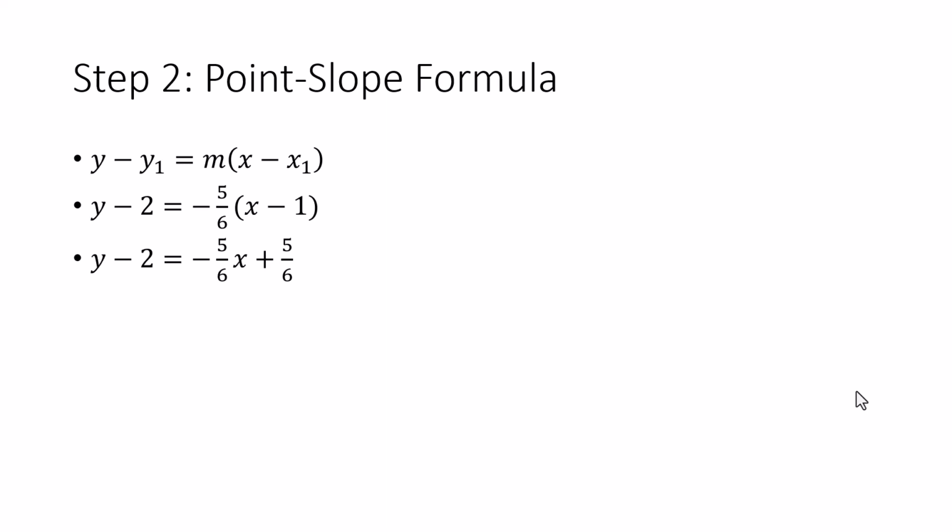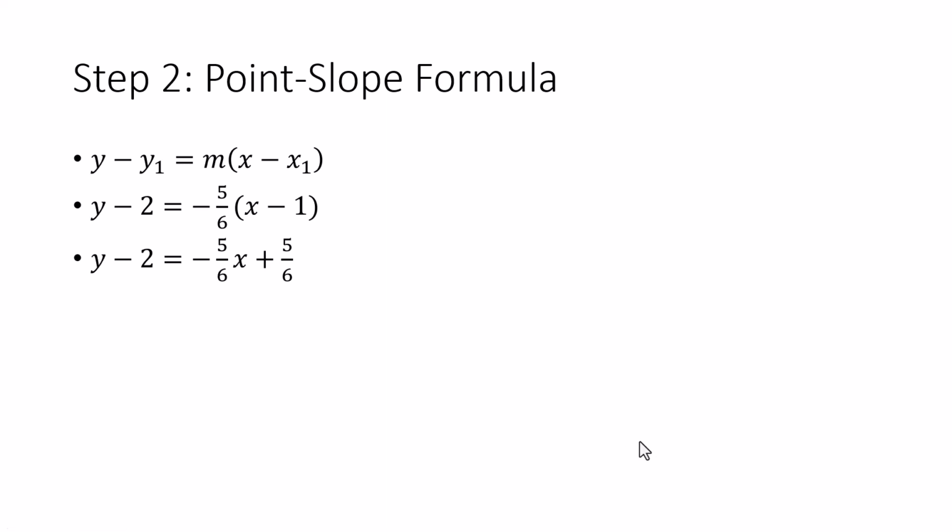Using our values from our slope calculation, we have the following. Y variable minus y1 equals the slope times the quantity x variable minus x1.